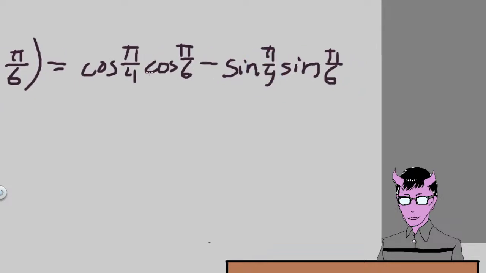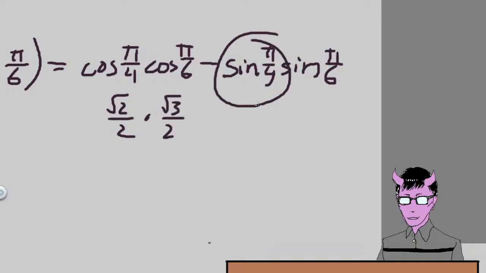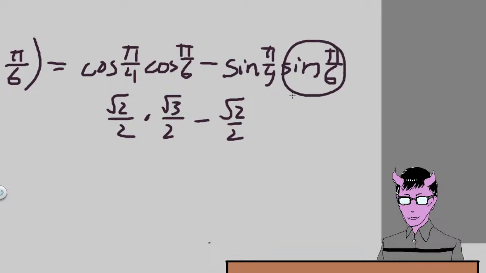My writing is getting worse and worse. Alright, so cosine of this one is going to be root 2 over 2. Cosine of that one is going to be root 3 over 2. Sine of that one is a very familiar root 2 over 2. And the sine of that one is 1 over 2.